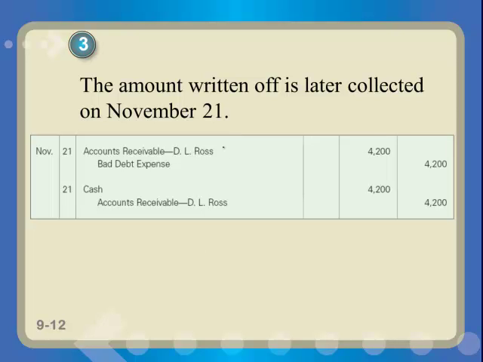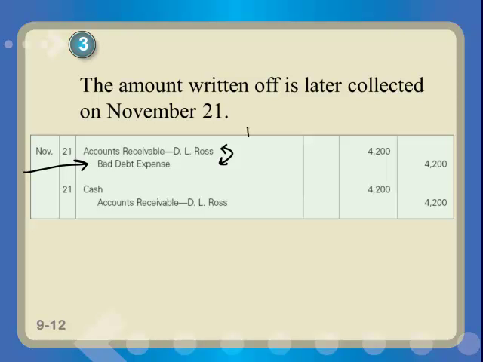So what we have to do is reverse that first entry. One of the very, very few times you're ever going to credit an expense account. Okay, we've never done that yet, except when we close it out. So one of the very few times you ever credit an expense account, we take it out of expense and reinstate.